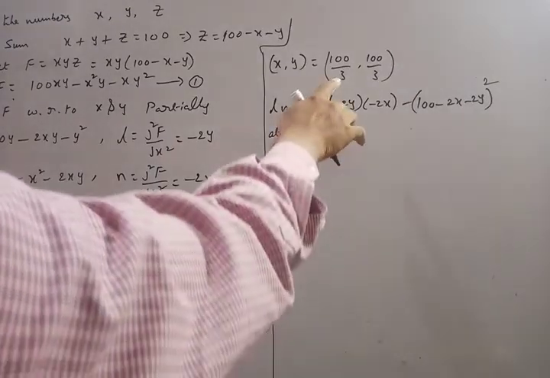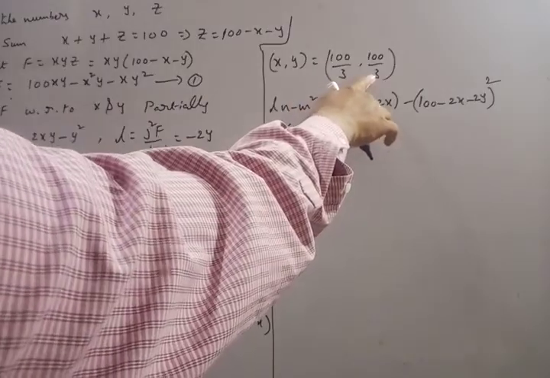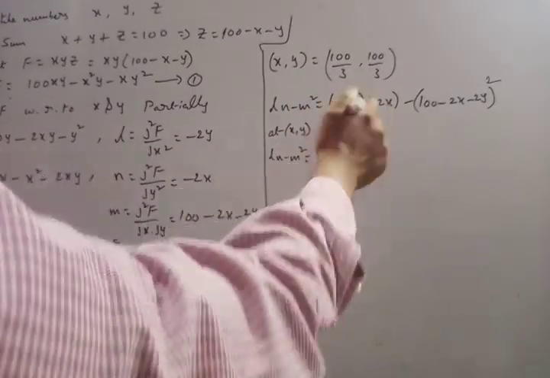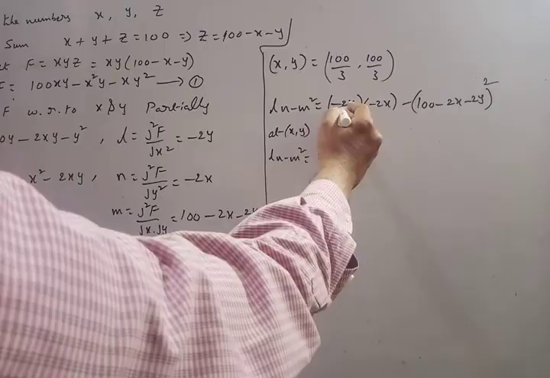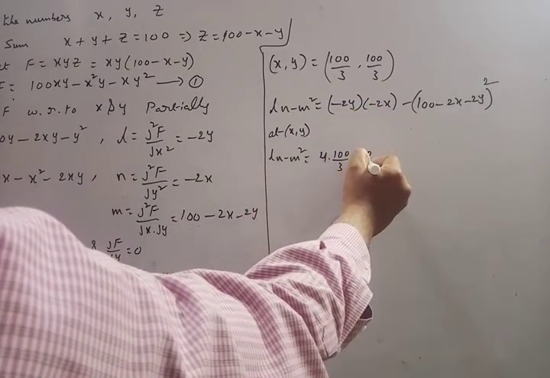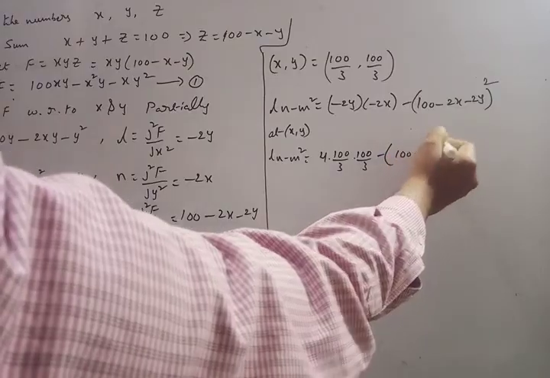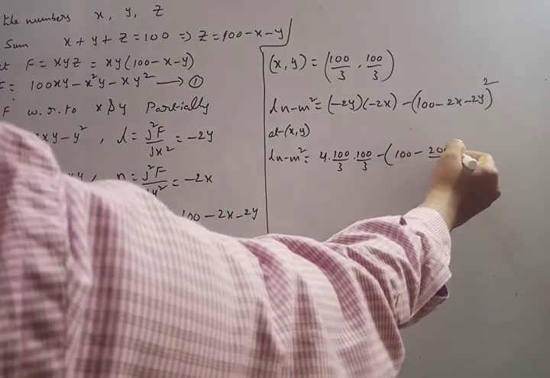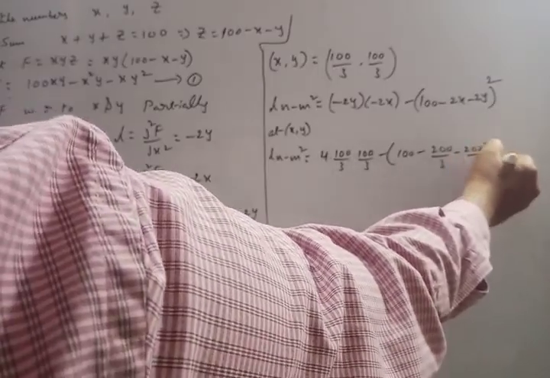In place of x you have to write 100 by 3, and in place of y you have to write 100 by 3. Minus into minus plus. 4, 2 to the 4, x is 100 by 3, y is 100 by 3, minus 100 minus 100 by 3 into 2, 200 by 3, 200 by 3 whole square.